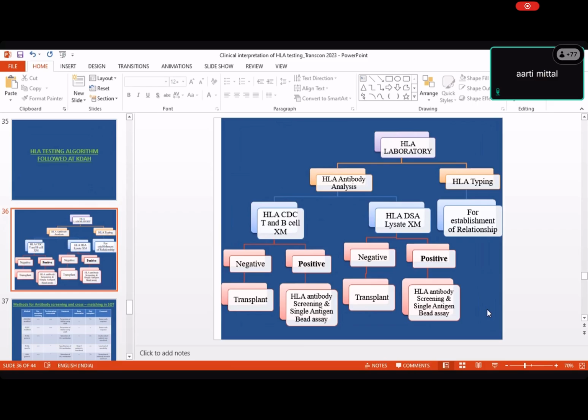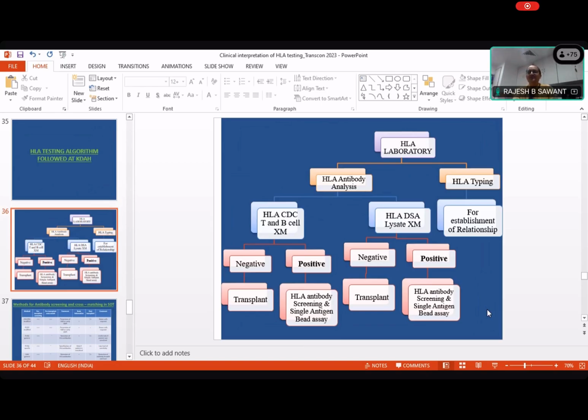So the other question, how will you suggest to follow up the HLA antibody titer post BMT after desensitization? After desensitization, what generally is recommended is that within the first month of the infusion, post engraftment, in the second or the third week, you should do one antibody screening assay and then do it at the end of the third month, at the end of the sixth month, and then at the end of 1 year.